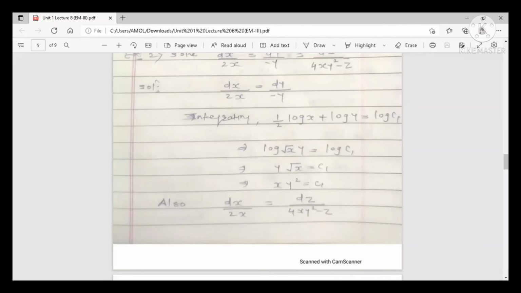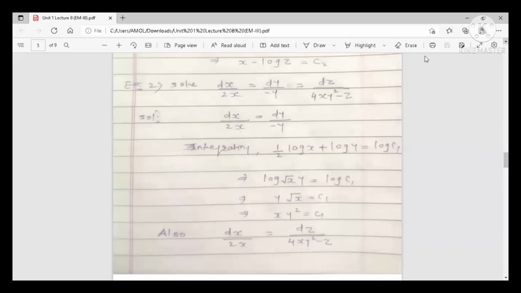Now we want the second set of solution. For the second set, you consider the first and third terms. The first ratio is dx upon 2x is equal to the third ratio dz upon 4xy square minus z.